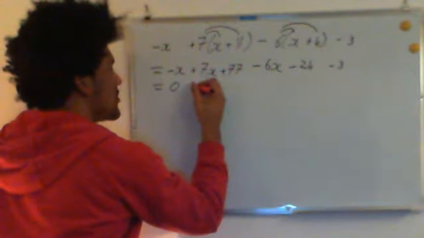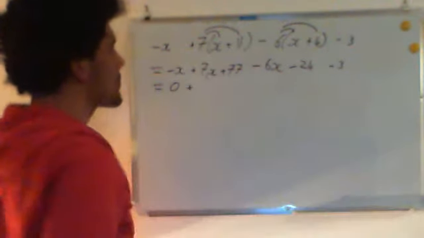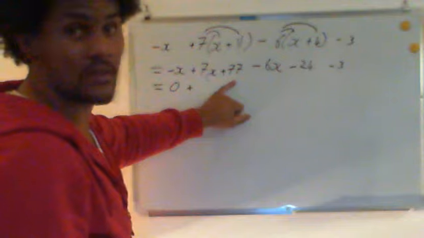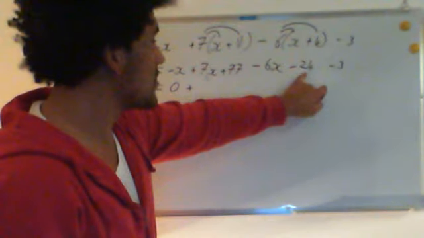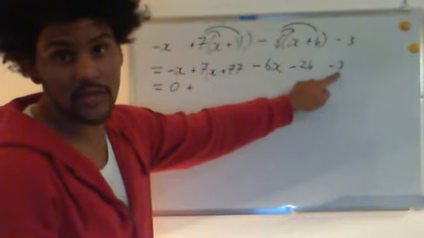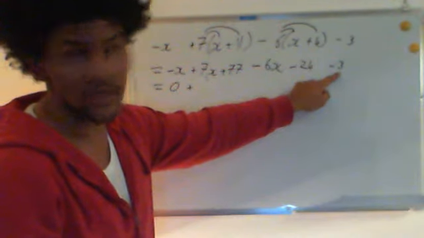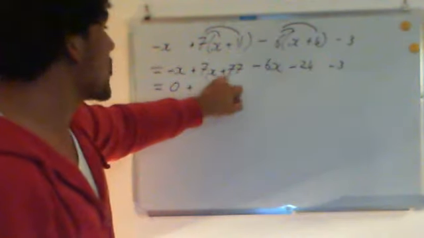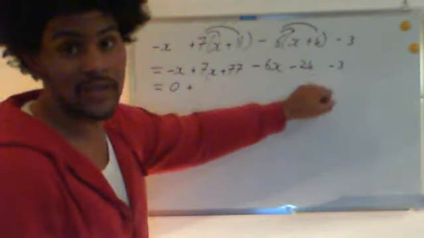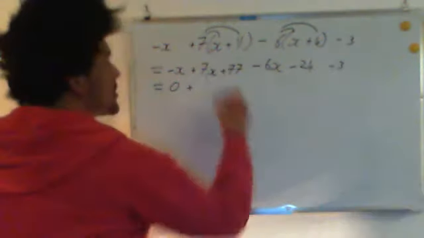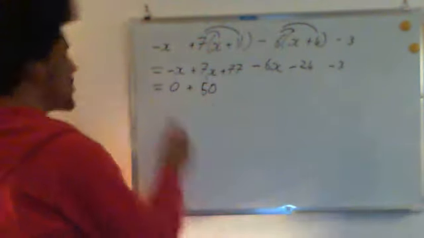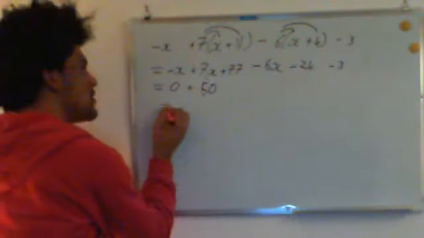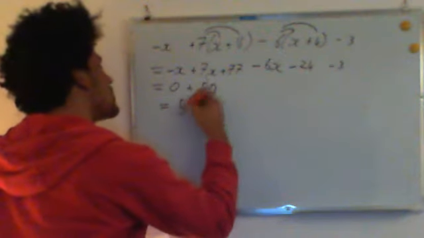So 0 plus, we have 77. These two, we have minus 24 minus 3, which is going to give you minus 27. So 77 minus 27 is going to give you plus 50. So obviously 0 plus 50 is 50.